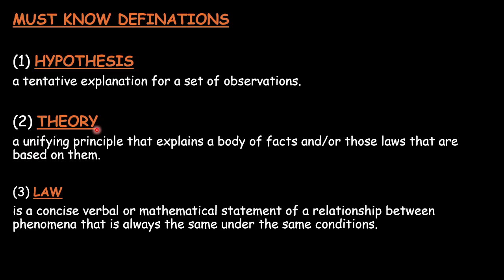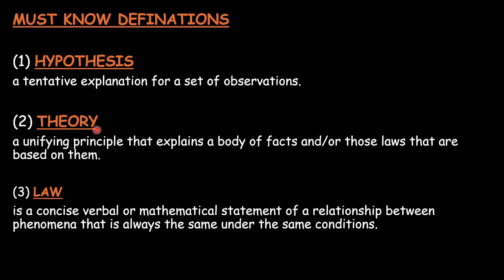A law doesn't try to explain why something happens. It just tells you that when you do this, this will happen. When you do this, this will happen. Okay. Then a theory comes in and tries to explain why that thing happens. I hope you understand the difference between a theory and a law.